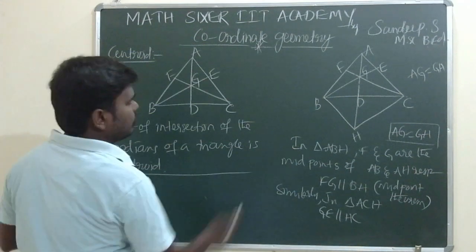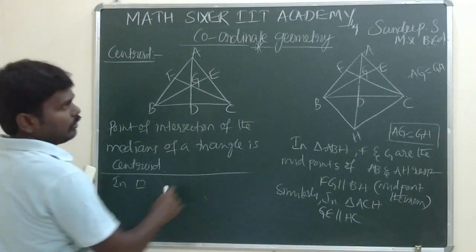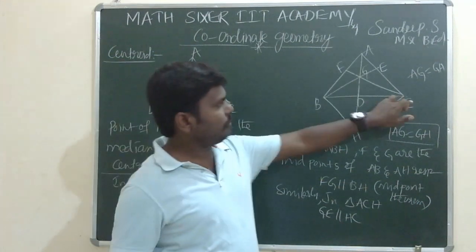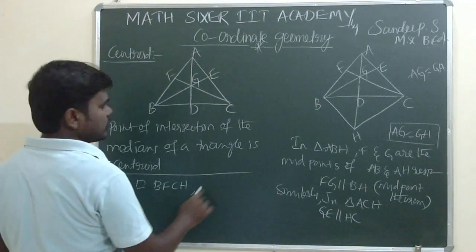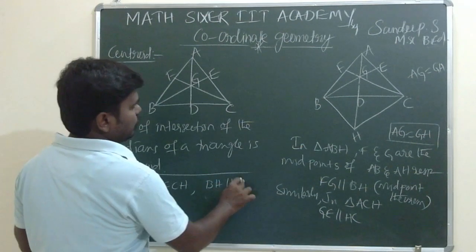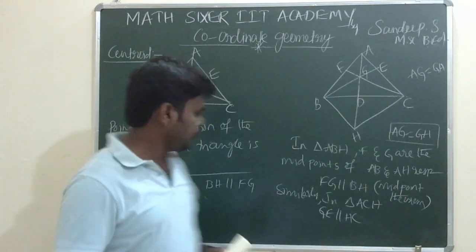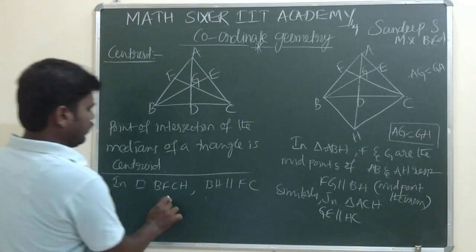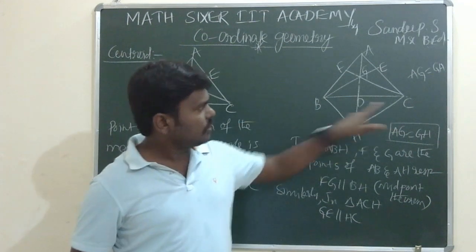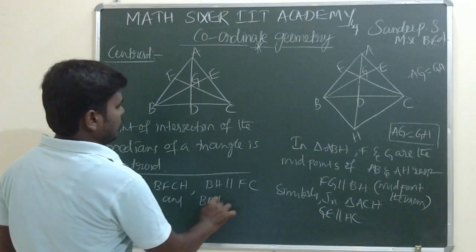So in quadrilateral BFCH, BH is parallel to FG, in the sense FC we can write. And GE is parallel to HC, so we can write BE is parallel to HC.